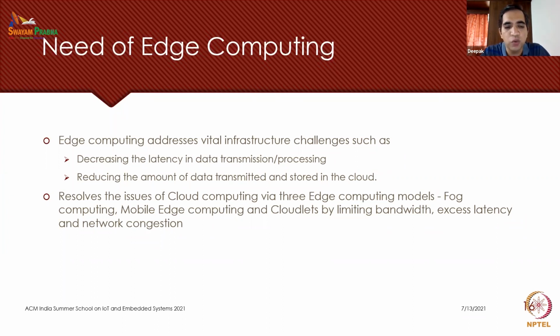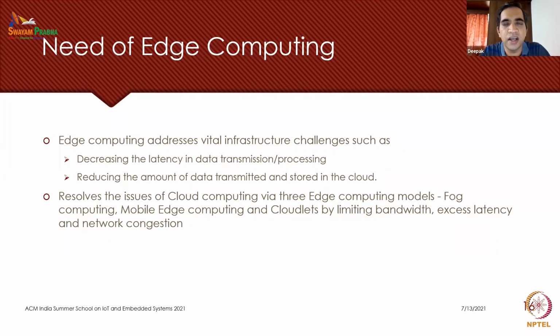or the cloud. So one important thing that needs to be remembered here is, even though we are putting edge nodes or fog nodes, let's say, in between the cloud and the end device, we are not eliminating the cloud. Cloud will still remain.